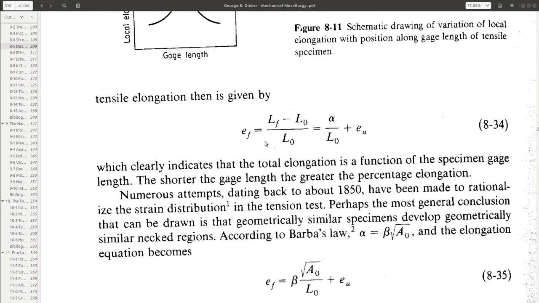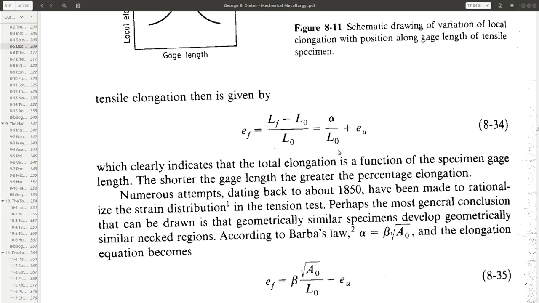Here EF is the engineering strain at fracture, EU is the engineering strain at the ultimate tensile strength, and alpha by L naught is the difference. That difference depends on L naught. It's a geometry dependence.